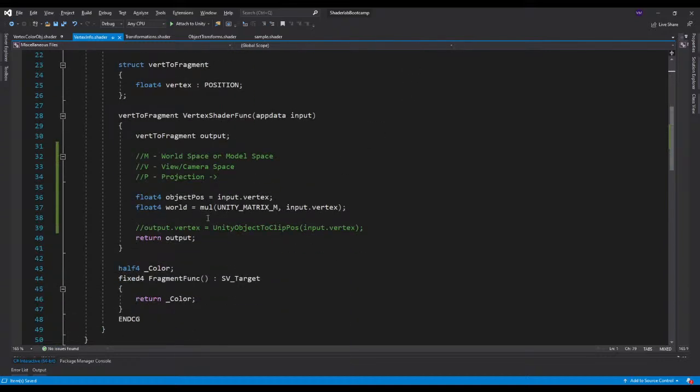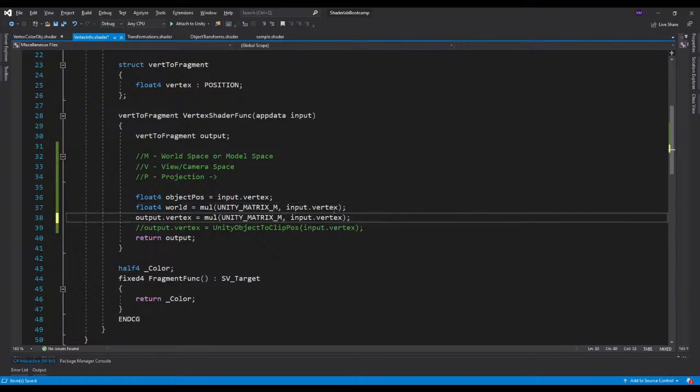So you have a function called object to clip position, which means you're converting the vertices from object space to clip space. That is why you are able to see the mesh or geometry.